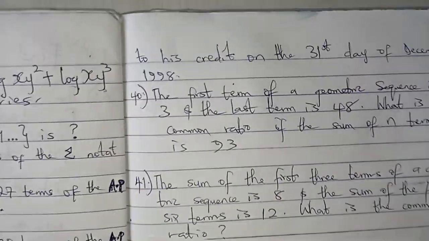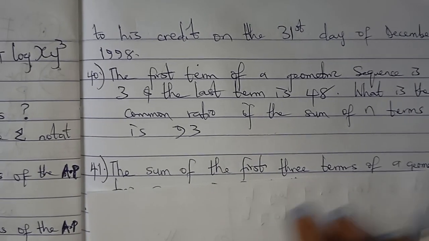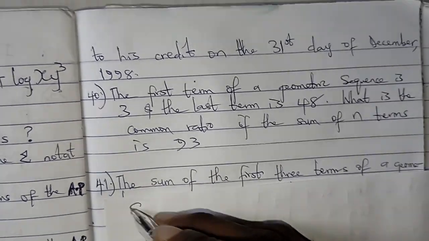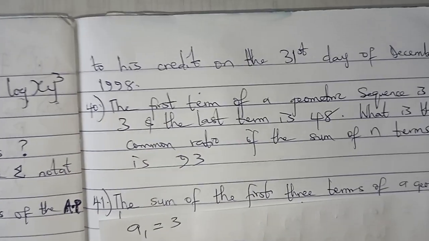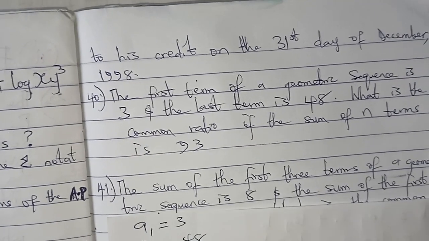Next question I want to look at. We don't have time. The next question I want to look at is question 40. The first term of a geometric sequence is 3, a1 is 3. The last term an is 48.